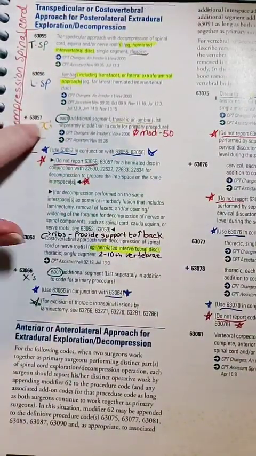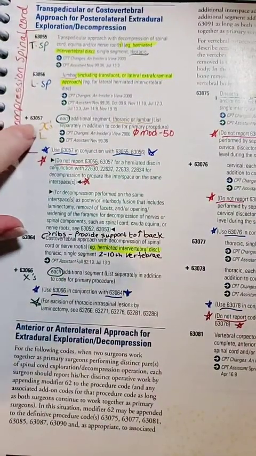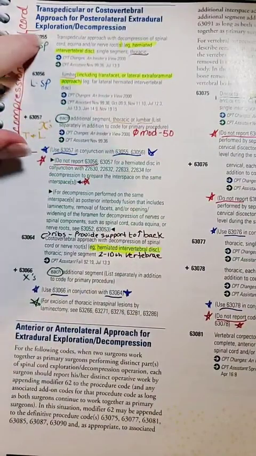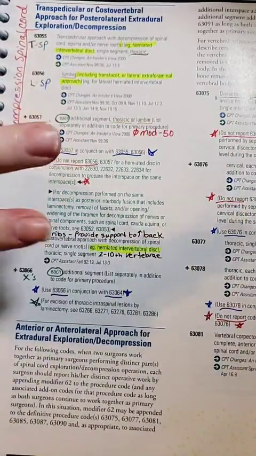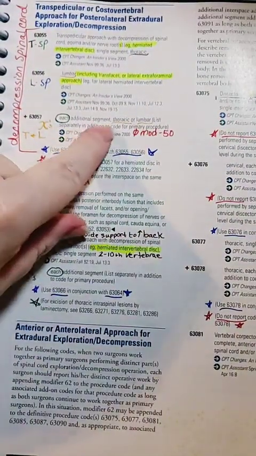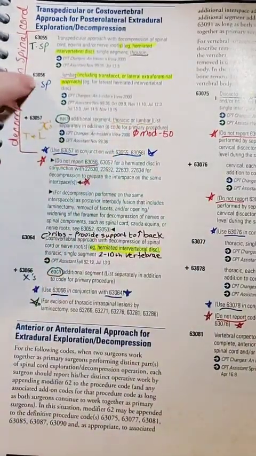If they did 3 thoracic ones, you'd code this one, and then this one times 2, because to get to 3 you'd have 1, and then this one times 2 would be your 2. So 2 plus 1 is 3. So it's just for additional, if they can do additional lumbar or additional thoracic on either one of those.